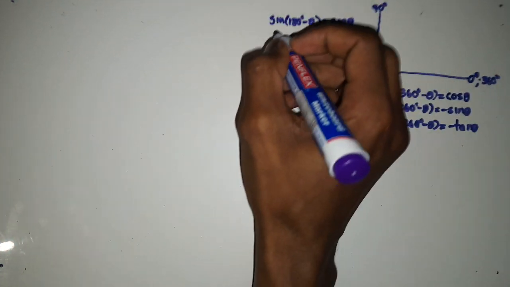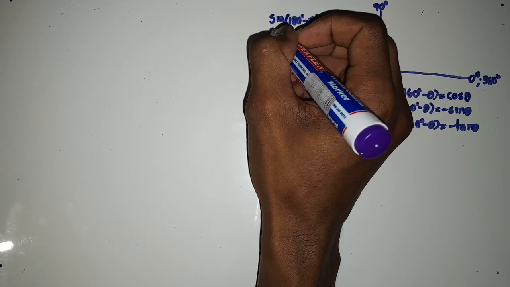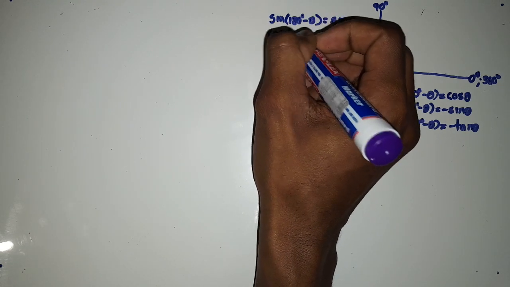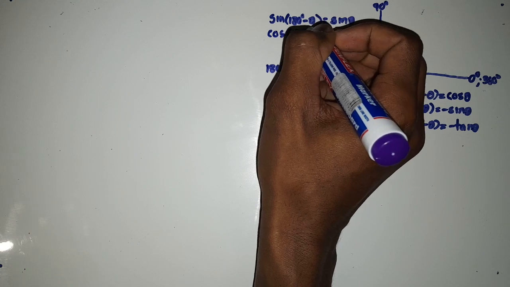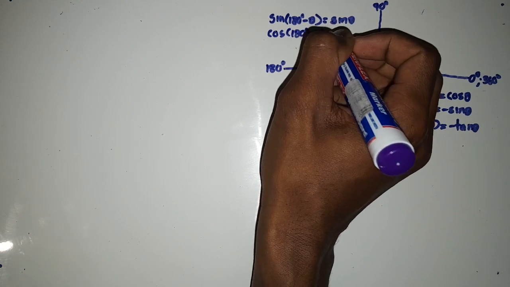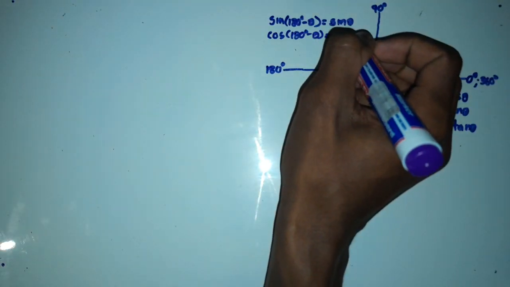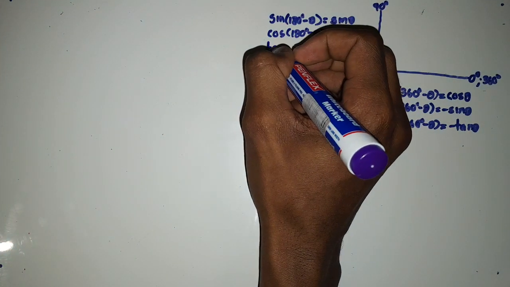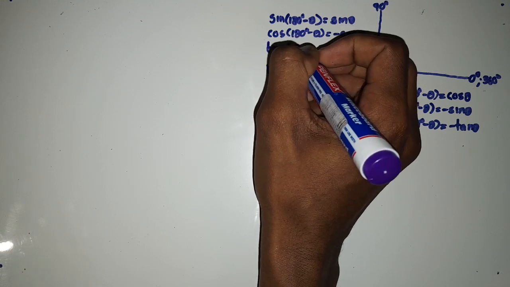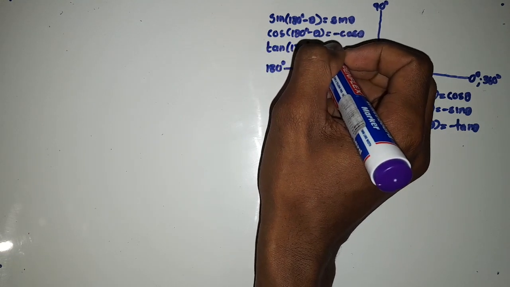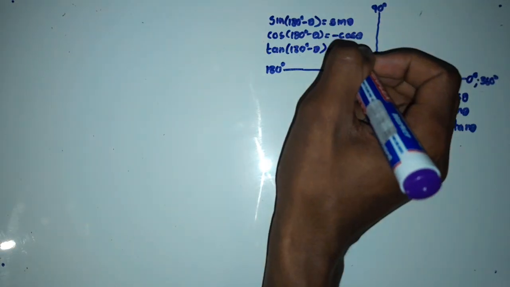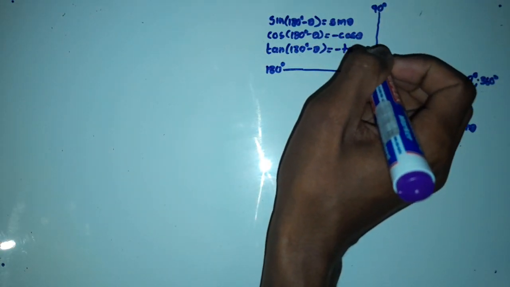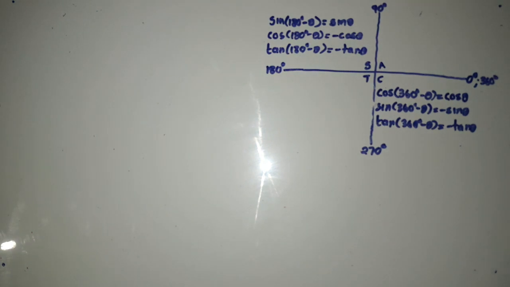Then we also have cos 180 minus theta. This one is going to be negative cos theta. Lastly, we have tan 180 degrees minus theta. It's going to be negative tan theta, like this.